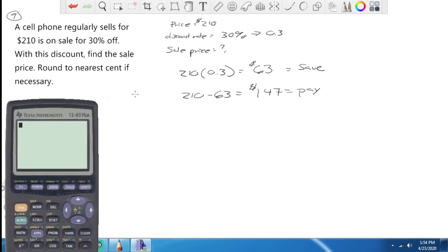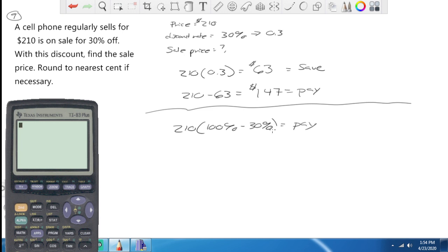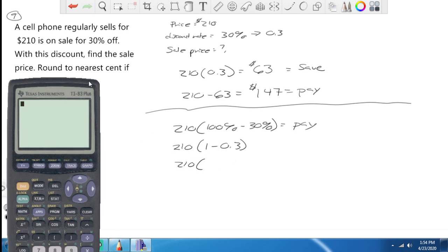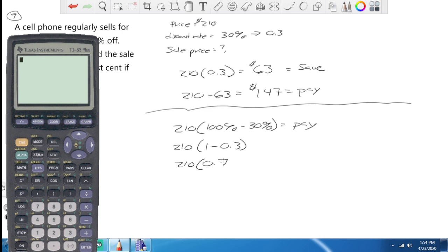Or you can look at it the other way, which was taking the 210, doing 100% minus your 30%, is going to equal your payment. So again, that's going to be 210, and then 1 minus 0.3. So 210 times 0.7.